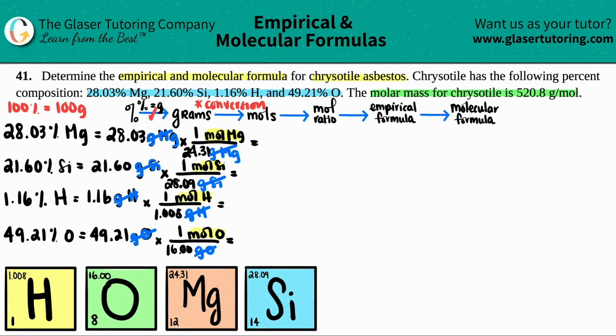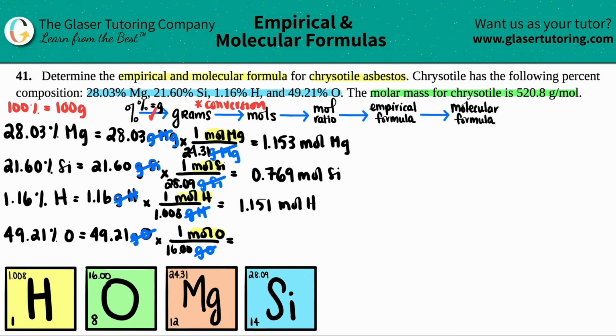28.03 divided by 24.31. I'm going to cut this off after a few decimals, so 1.153 mole of magnesium. 21.6 divided by 28.09, I get 0.769 mole of silicon. 1.16 divided by 1.008, I get 1.151 mole of hydrogen.